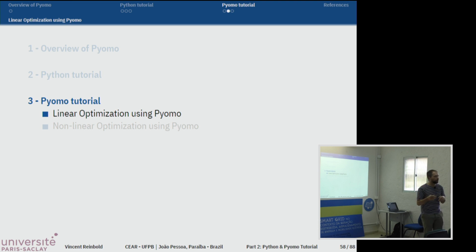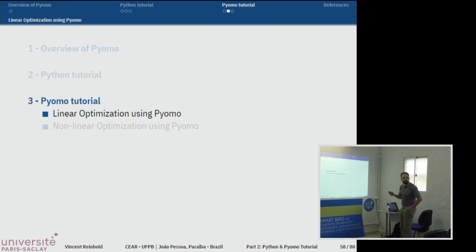Really general nonlinear problems. And tomorrow we will have a small lecture about microgrids, and at the end of this lecture we will apply the tools we've seen today to the microgrid and the energy management of the microgrid. Okay?